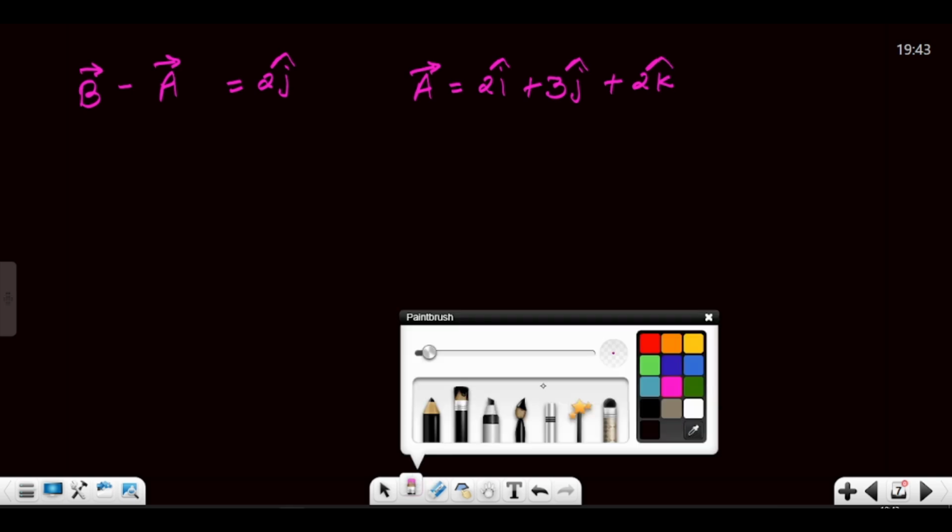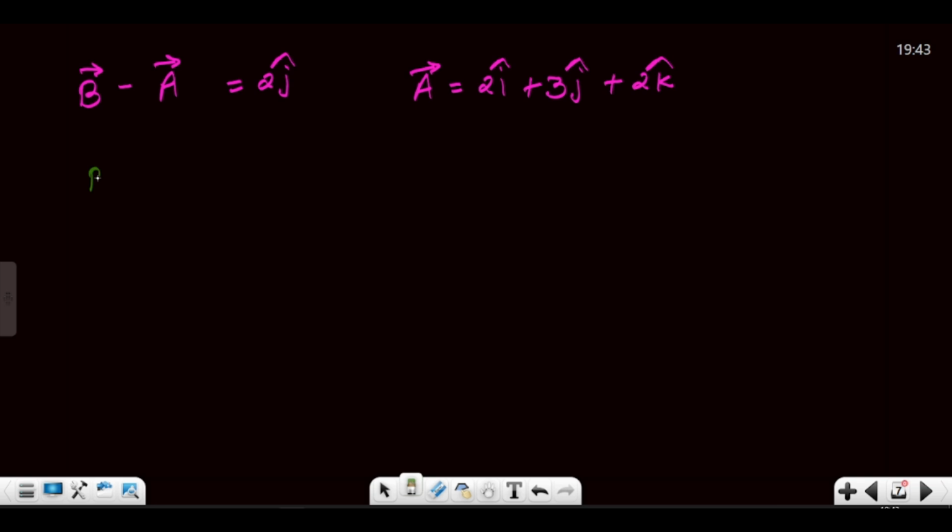Okay, from here we can write vector B equals vector A plus 2 j cap. Vector A is this. Let us put the value of A, that is 2 i cap plus 3 j cap plus 2 k cap, plus 2 j cap.